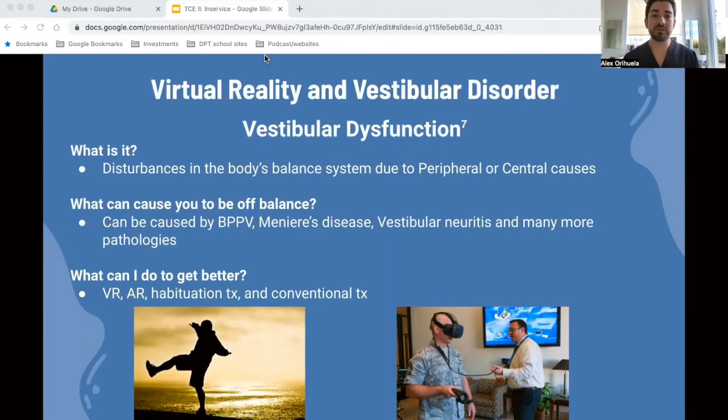Signs and symptoms typically consist of vertigo, nausea, vomiting, intolerance to head motion, nystagmus, unsteady gait, and postural instability. Treatment consists of habituation exercises and conventional treatment, as well as virtual reality and augmented reality. Today, we talk about how virtual reality can further enhance one's rehabilitation process.